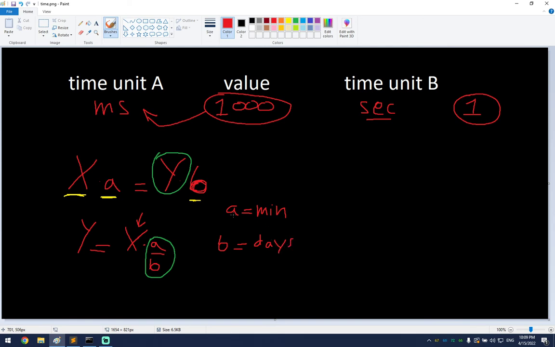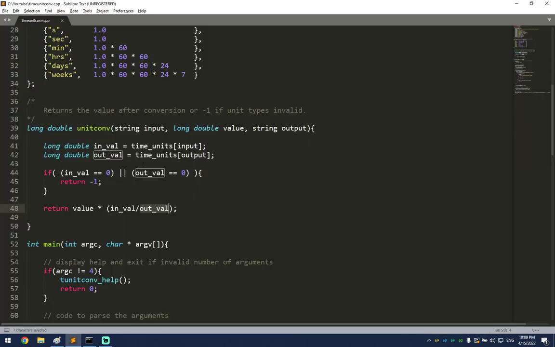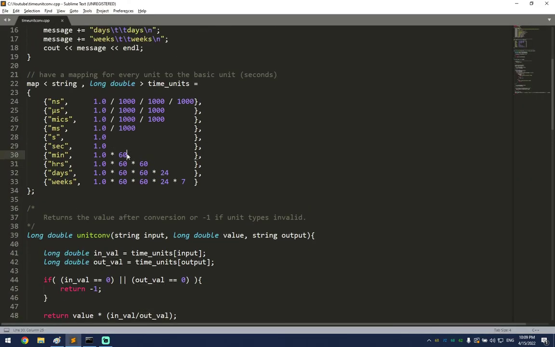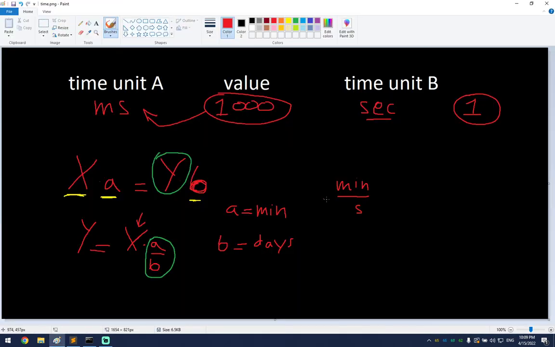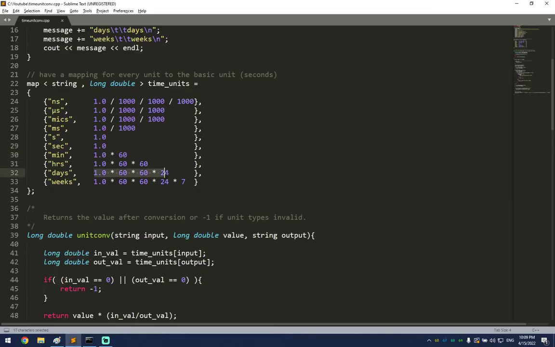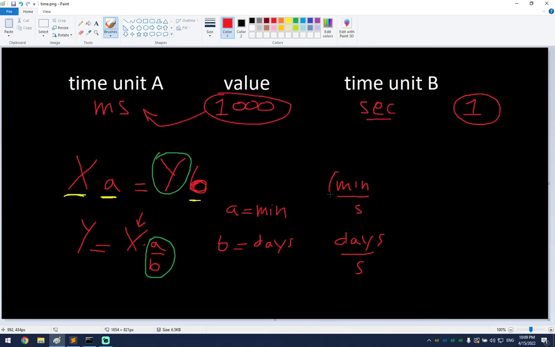So if I get the ratio, which is minutes divided by seconds, which I have in my map, as I have shown you before, so 60 in this case, and I get the other ratio that is days divided by seconds, which I also happen to have in my map here, I can use these two values to compute the ratio that I need, a divided by b, so minutes divided by days.